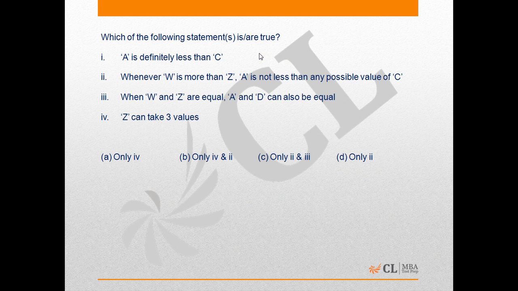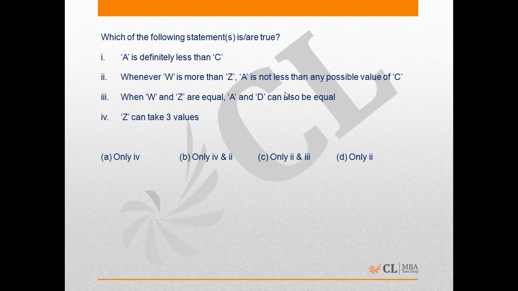In the second question it is asking which of the following statements is or are true. A is definitely less than C, which is not necessarily true.